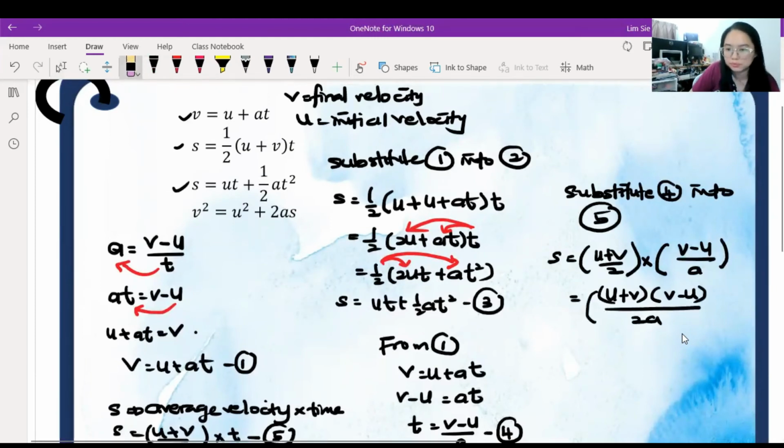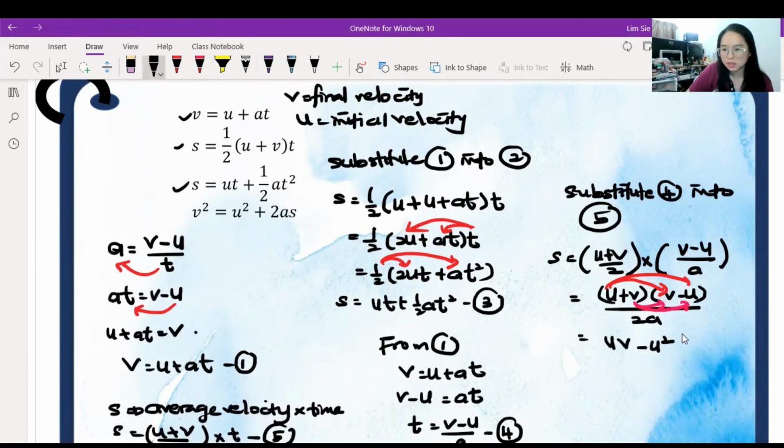Then just do normal mathematics. I'll get UV minus U squared, and next, plus V squared minus UV, over 2A.